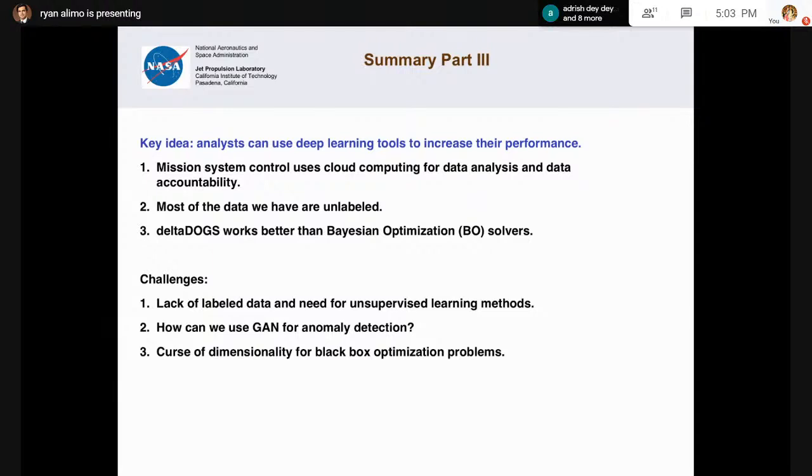Can we use generative models? We are not sure about that, but that might be one option, like semi-supervised learning. But yeah, it needs some research in this area, again, on how we can use semi-supervised learning for space applications when you have less data.